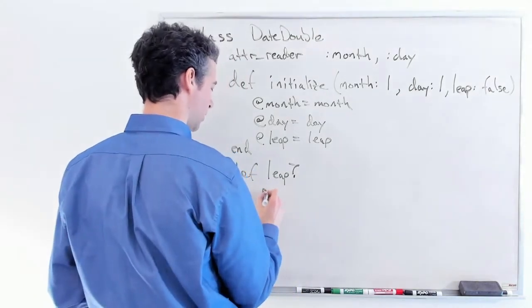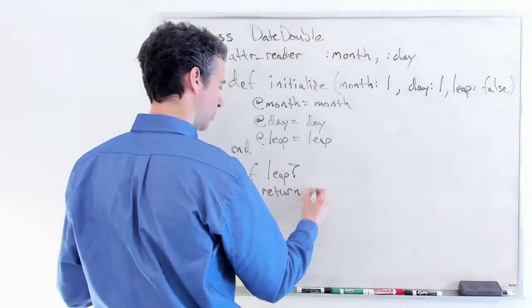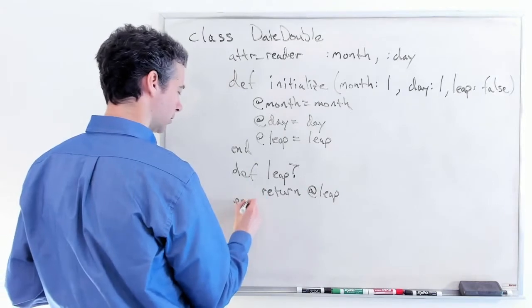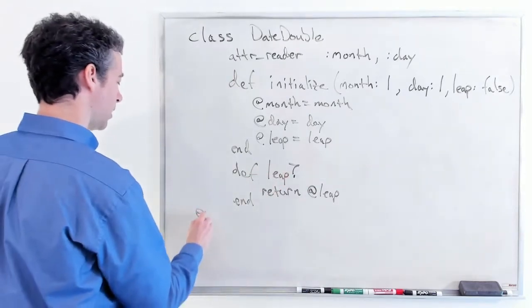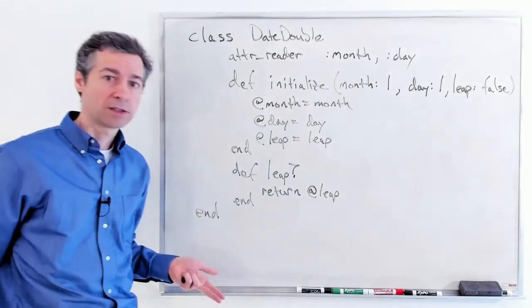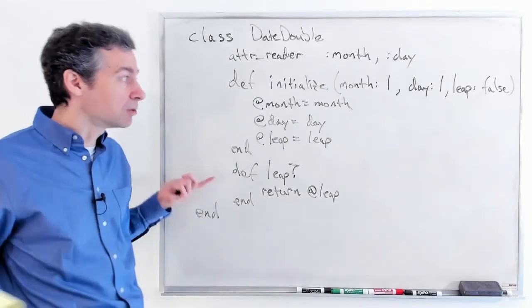So def leap question mark, and all I do in here is return my member variable leap. So it's just a simple getter method for this class. And then I'm going to end my double.